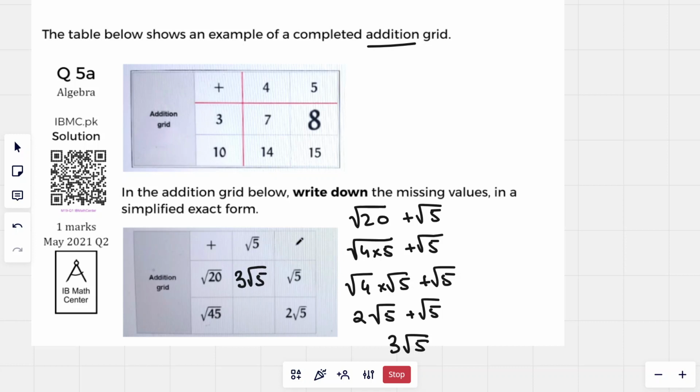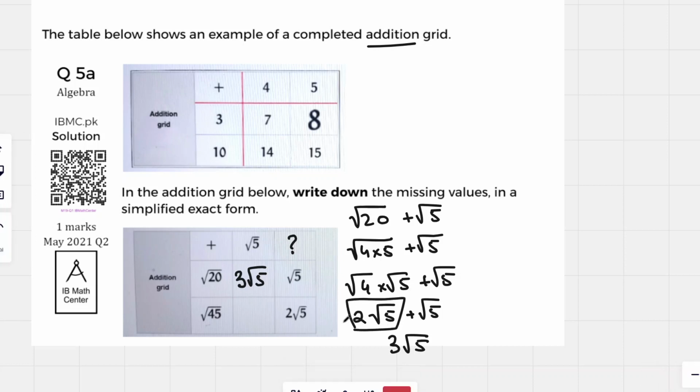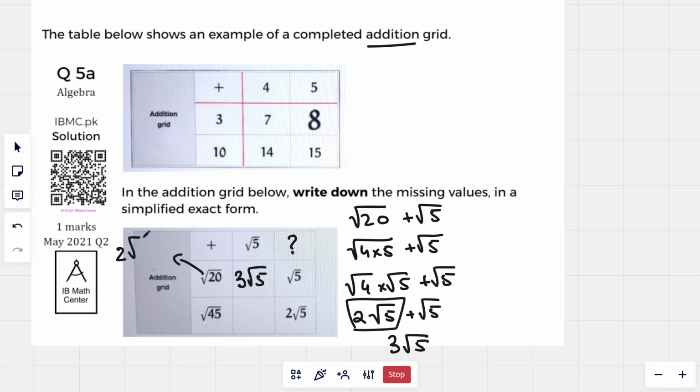Now, what should be the number here that when added to square root 20? We know that square root 20 can be written as 2 square root 5, right? We can write square root 20 as 2 square root 5 because 20 is 4 times 5, and square root of 4 times 5 can be written as square root 4 times square root 5, and square root 4 is 2.